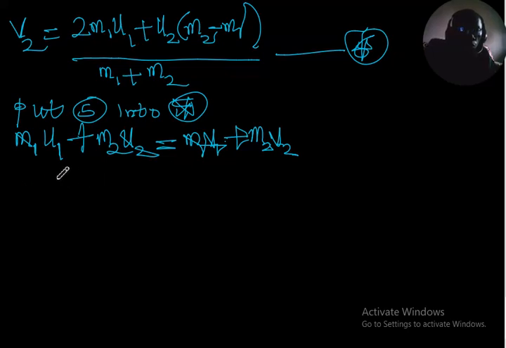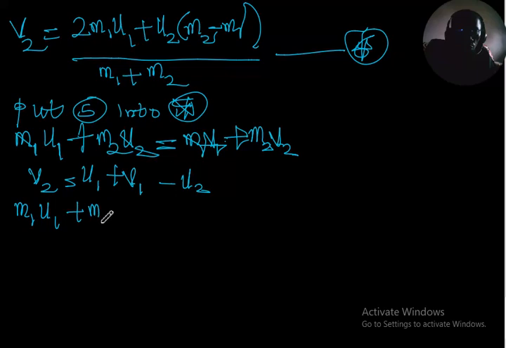Anywhere we see V2 from equation 5, V2 is U1 plus V1 minus U2. So anywhere we see V2, we put that. So you are going to have M1 U1 plus M2 U2 equals to M1 V1 plus, now put in the value of M2 V2.